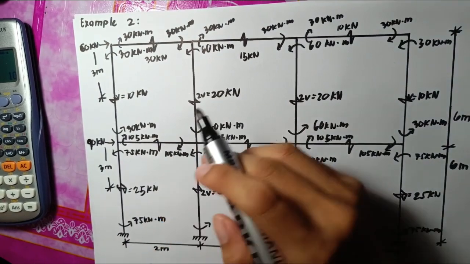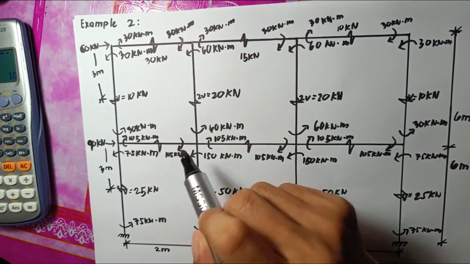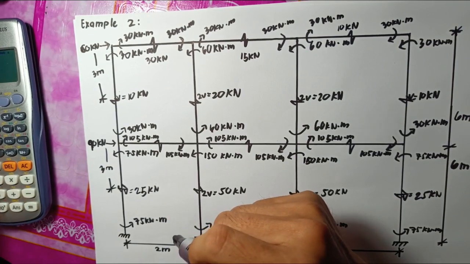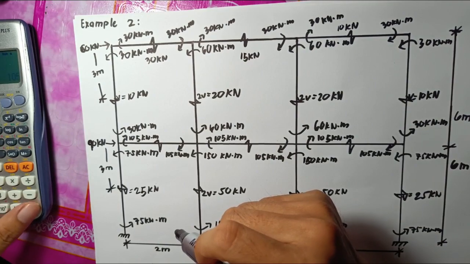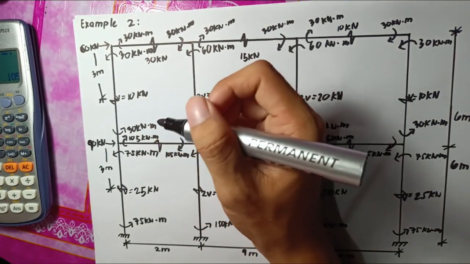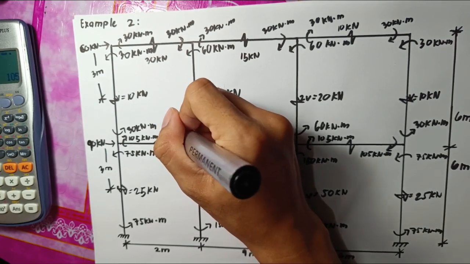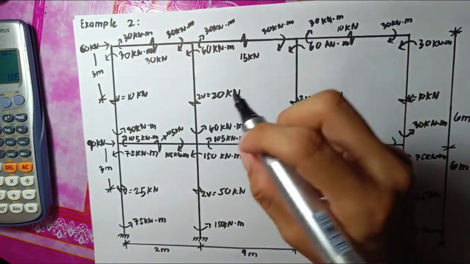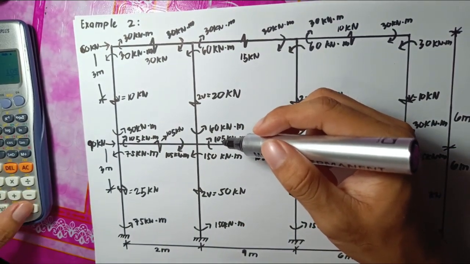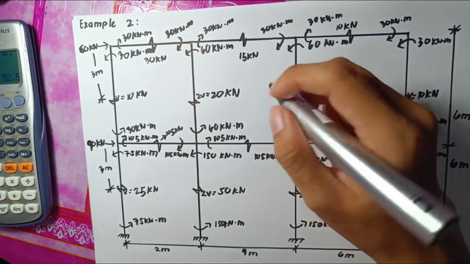Let's proceed to the first floor. 105, so 105, 210 divide 2. Still 105 kN. 210 divide 4, 52.5.